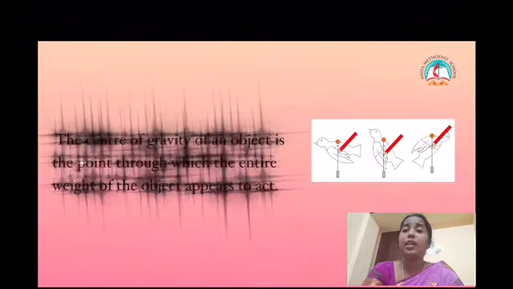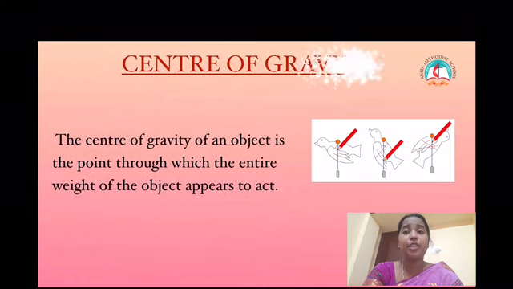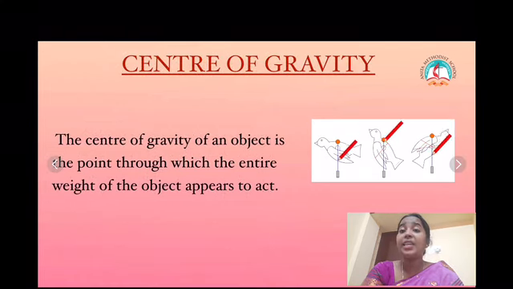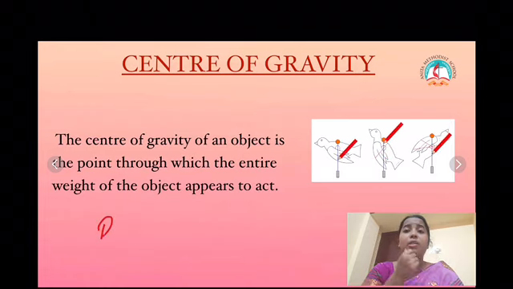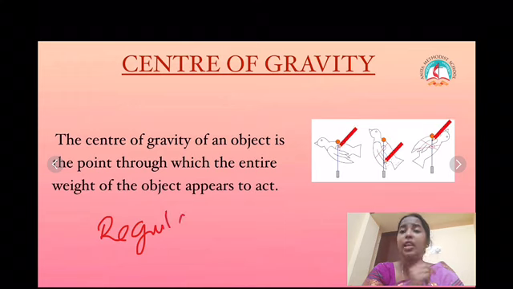Next, we're going to learn about center of gravity. Do you remember the example of cardboard? Yes. Center of gravity means a point from which the weight of a body may be considered to act. For an example, we have seen two types of objects. One is regular shape, another one is irregular shape.